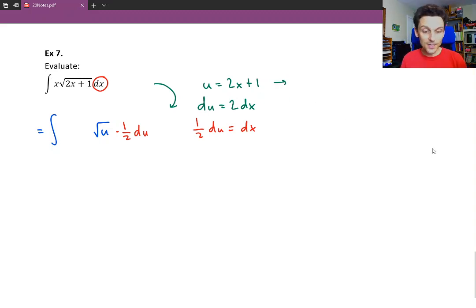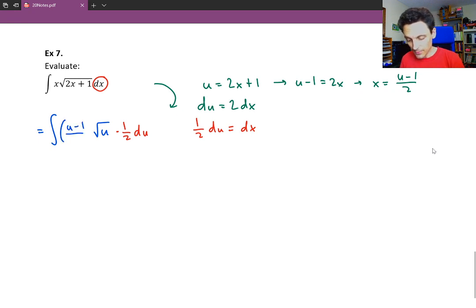We could solve this arrangement for x in terms of u. We can subtract the 1 over and then divide by 2, and we'll get x equals u minus 1 over 2. So that's what we can replace x with. We can replace it with u minus 1 over 2.